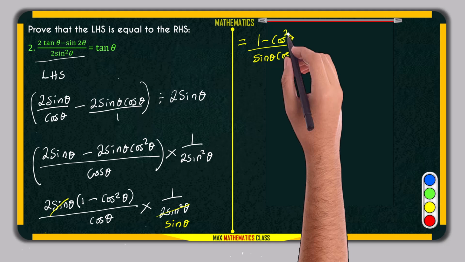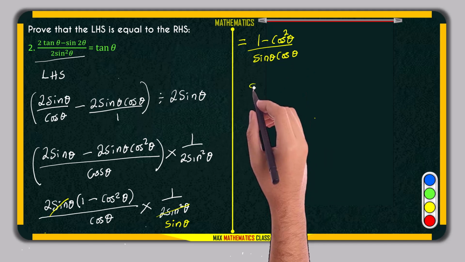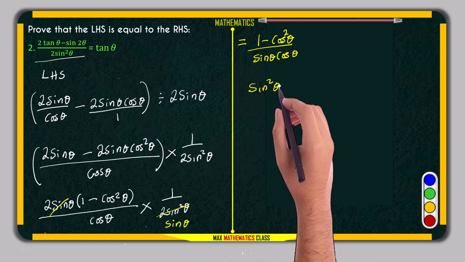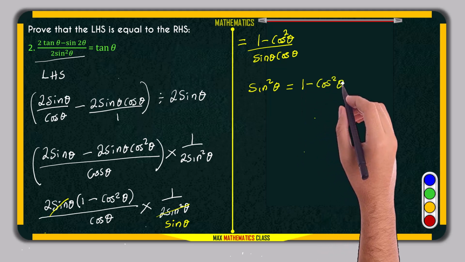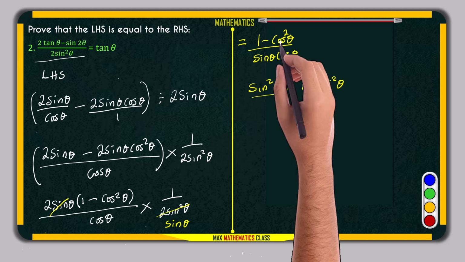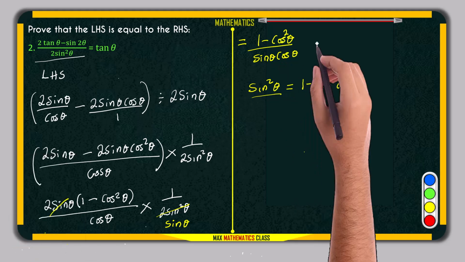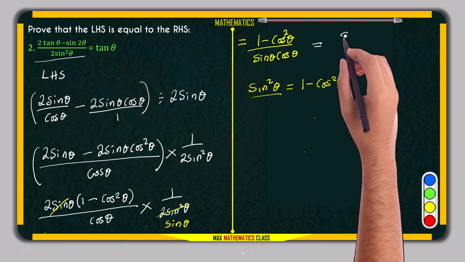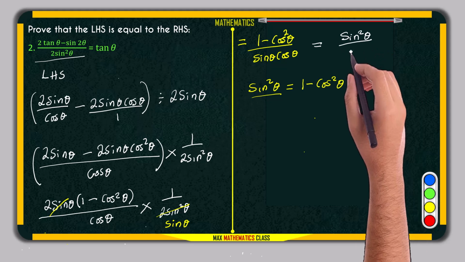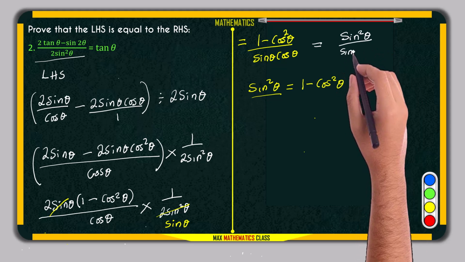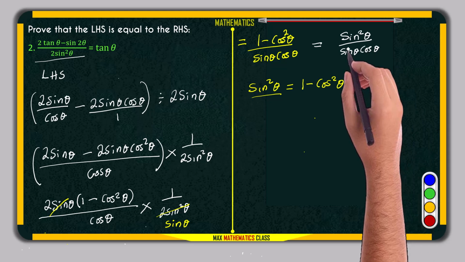So now this value here we have in the numerator, we know that sine square theta is the same thing as 1 minus cos square theta. So we are going to substitute this value into this equation, so that the new value we will now have will be equal to sine square theta over sine theta cos theta.